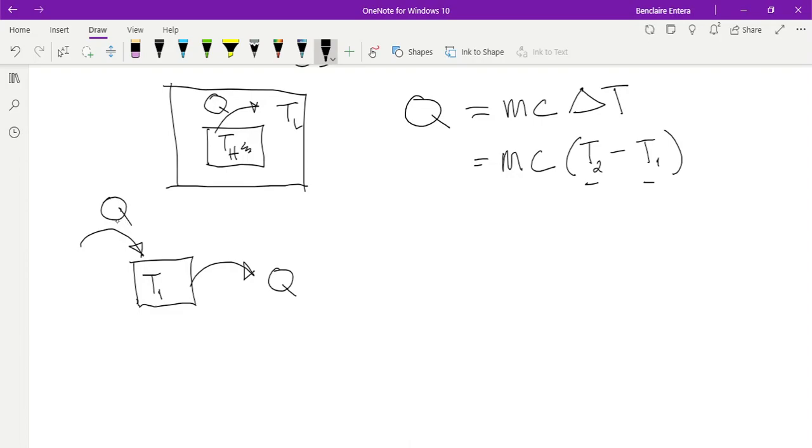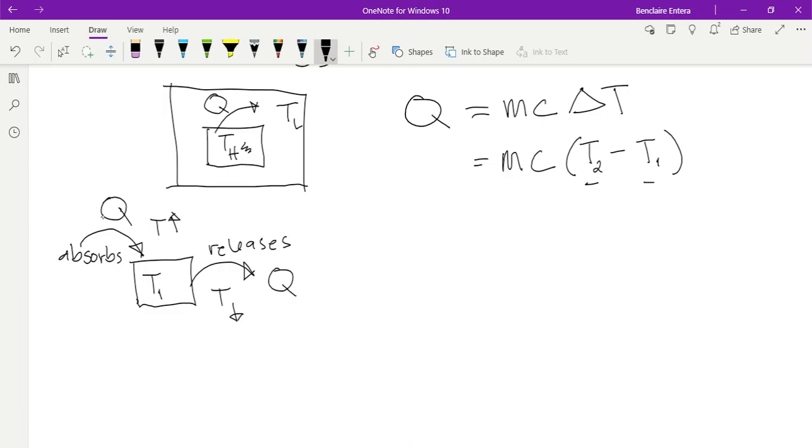When the object absorbs heat, its temperature increases. When the object liberates or releases heat, the temperature of the object will decrease. So the object can absorb or can release heat, and then accordingly its temperature will either increase or decrease.